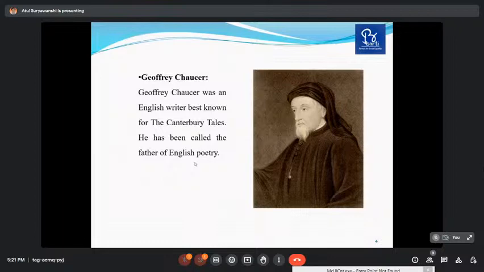He was called the father of English literature as well. As I told you, he was the inspiration for William Shakespeare, the greatest dramatist of the Elizabethan age. Geoffrey Chaucer was basically a poet. He composed so many beautiful poems to arouse the drowsy human race.